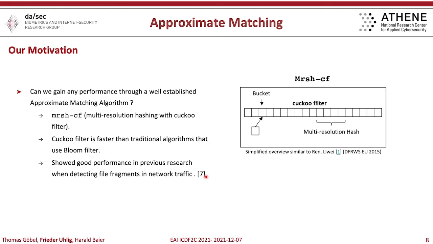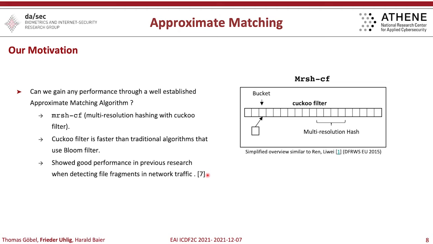We've got experience with another well-documented approximate matching algorithm, which is called MRSH-CF. MRSH stands for multi-resolution hashing, and CF stands for cuckoo filter. MRSH is a very traditional approximate matching algorithm, and the cuckoo filter makes it very fast.